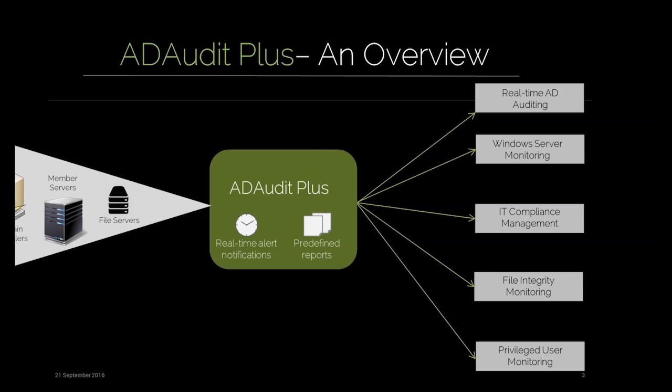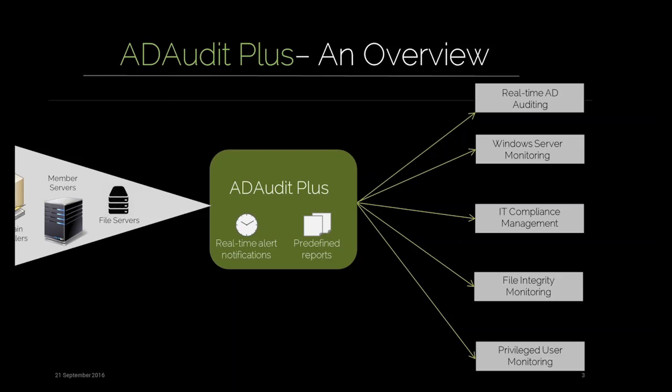Okay, so coming to the architecture, how the tool is going to get the data. There are three reports available in ADAudit Plus. Number one, Active Directory reports. So any changes that happen on the Active Directory, ADAudit Plus would get that as a report.